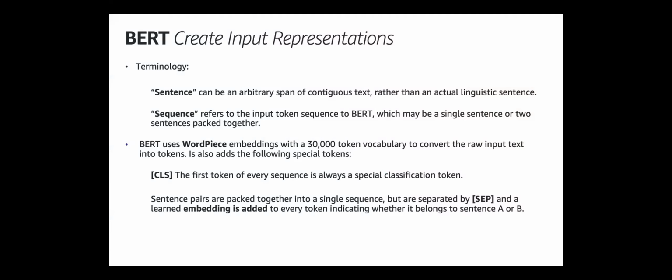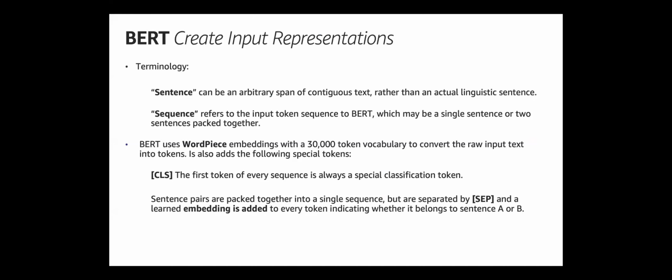All right, so BERT under the covers. As with any NLP models, the challenge is to create the right input representations, because we can't just pass plain English text to the model. So we do have to create word vectors or word embeddings for the model to understand.